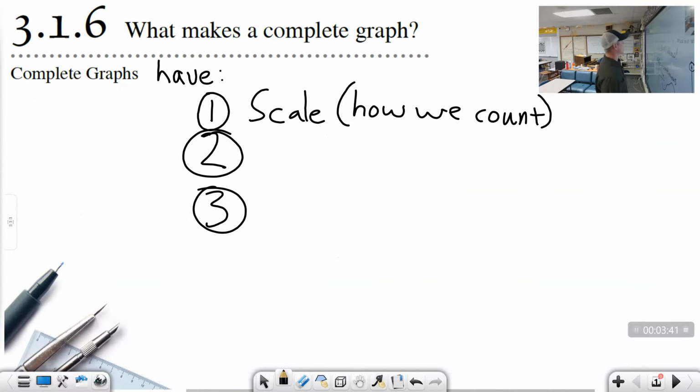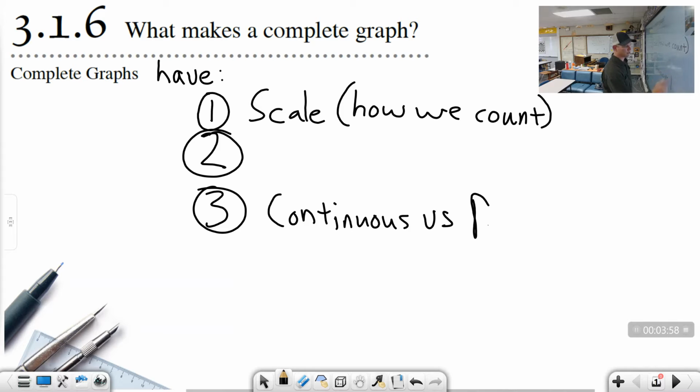So what I want you to write in number 2, better yet, I want you to write it in number 3 because this is where it should go. It needs to be continuous. Continuous versus discrete. We need to make the decision, is our graph going to be continuous with a line because there's information between the dots, or is it discrete?